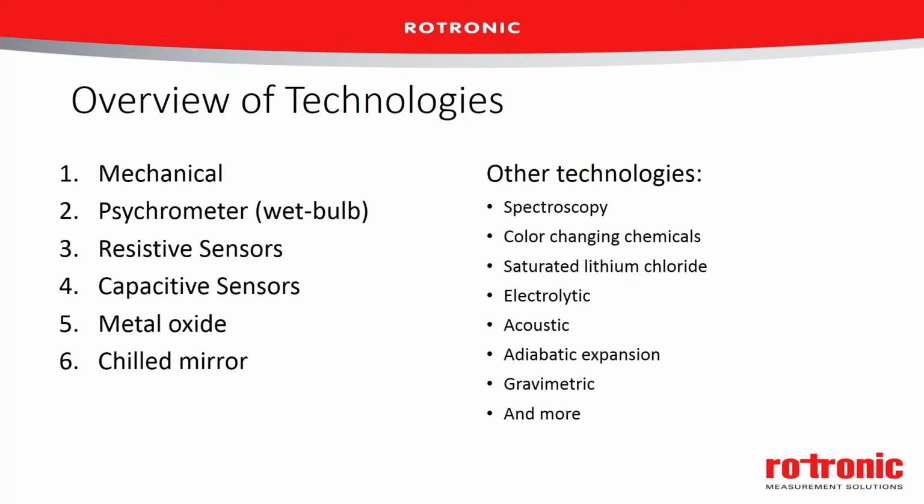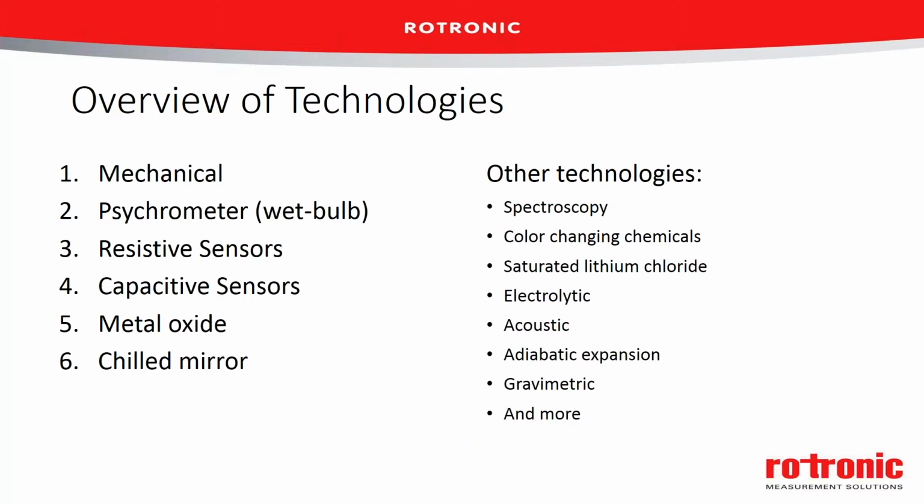There are a lot of other technologies out there that can be used for measuring relative humidity or water content. There's spectroscopy, there's color changing chemicals. Often you'll see those just in the little strips put in with packages, and if it's one color, it's gone beyond the relative humidity limits.